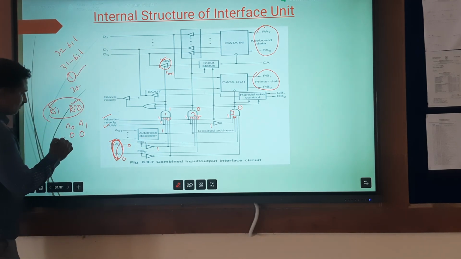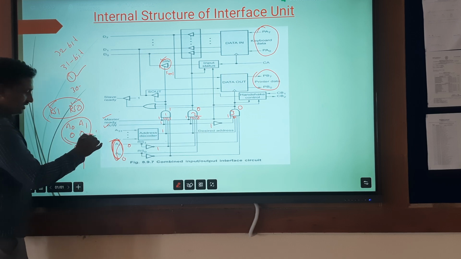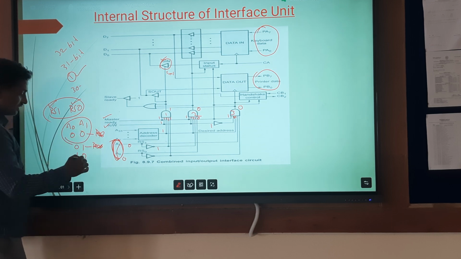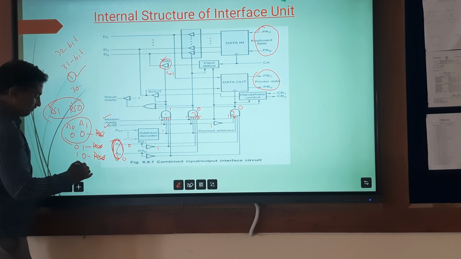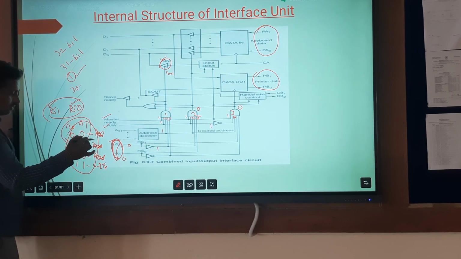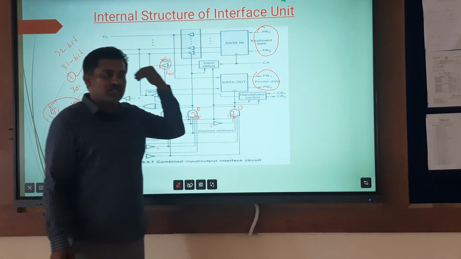Likewise, if the combination of the bits changes to 0 0, 0 1, 1 0, 1 1, here you read the status information, here you may perform the read operation, that means the data will be received, here you may perform the read operation and here you may perform the write operation. That will depend upon these two bits, so that the processor can identify whether it may perform the read operation or write operation.